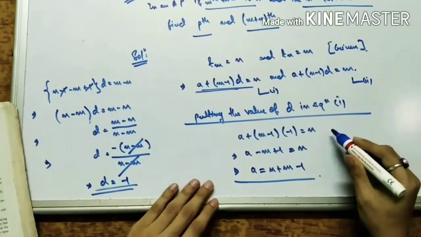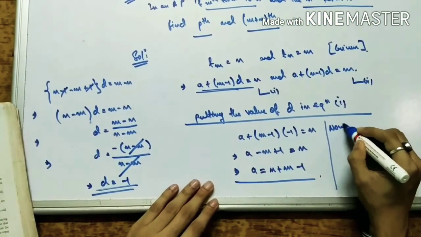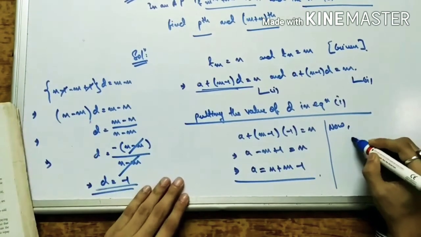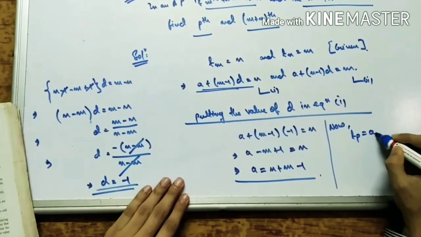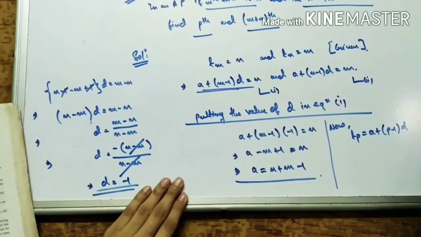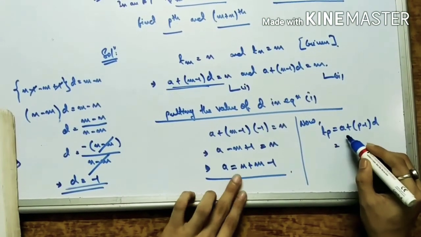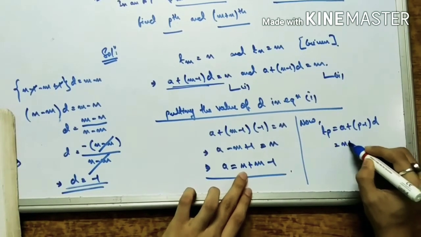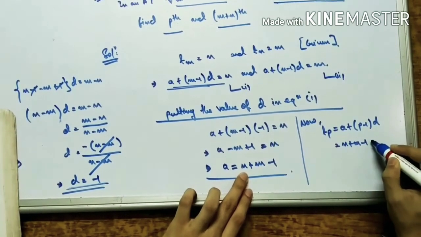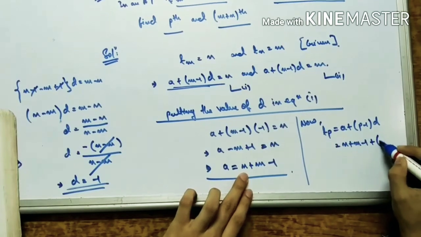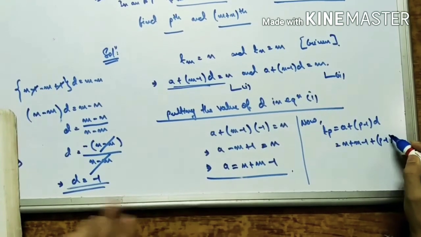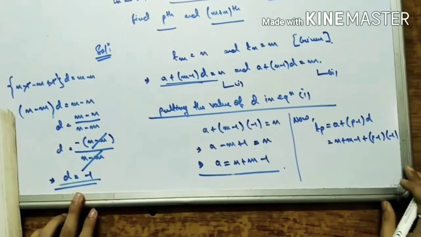Now I will find the pth term, that is tp. How can I write tp? a plus (p minus 1) into d. So now what a value did I get? a is n plus m minus 1, plus (p minus 1), and the d value is minus 1.